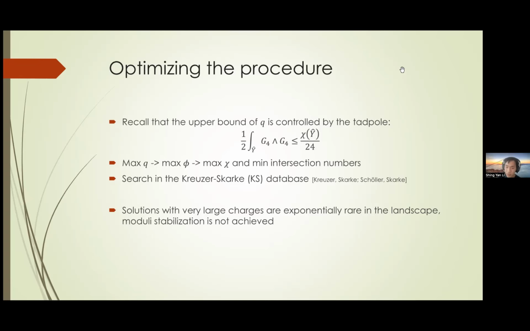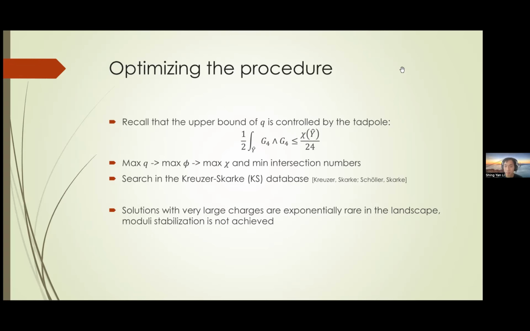And now all we have to do is to search in a list of elliptic Calabi-Yau fourfolds such that we maximize chi and minimize the intersection numbers. It would be natural to do it in the Kreuzer-Skarke database, or KS database, because it's known that the KS database, although the list is far from complete, behaves very well at large chi.